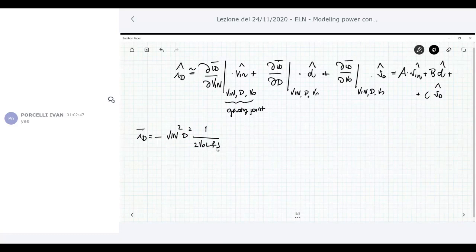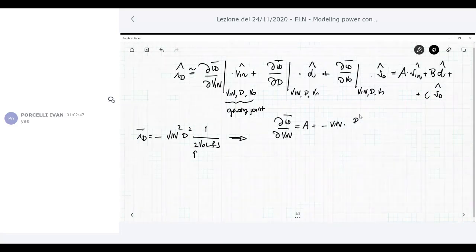Now I have to derive ID average over V in, which is the coefficient that I call A. If you take the derivative here, you get minus 2 V in, and the 2 simplifies with this 2 here, so minus V in, and then you have d square over V naught L fs.